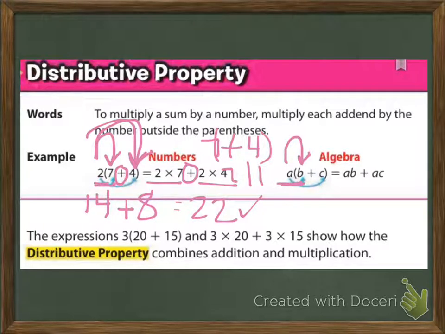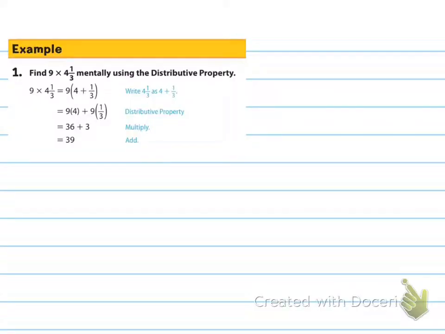That means multiplication. And so I'm going to multiply everything inside the parentheses by that number that's outside. When I do that, don't forget to keep my addition sign in there. So the expressions 3 times 20 plus 15 in parentheses and 3 times 20 plus 3 times 15 show how distributive property combines addition and multiplication and how it works.